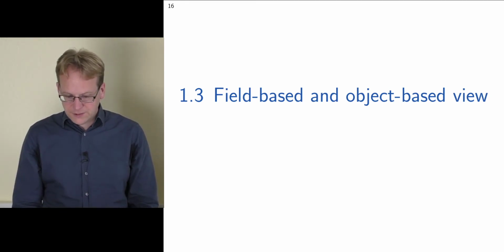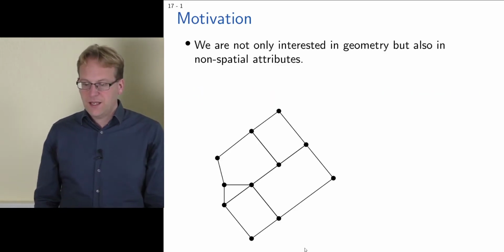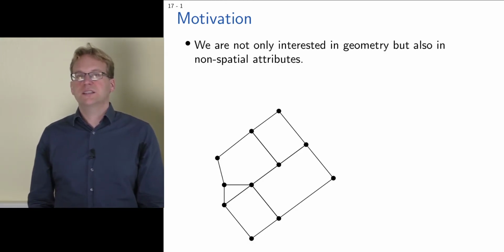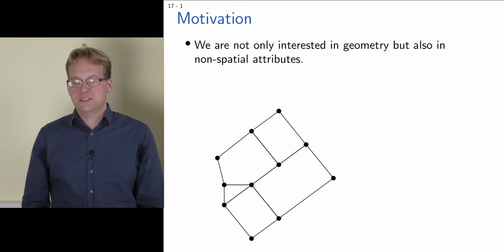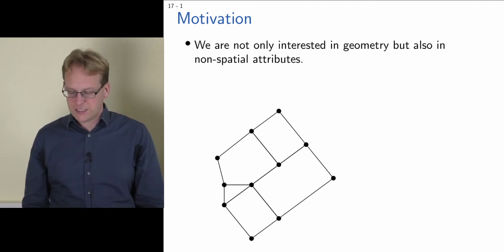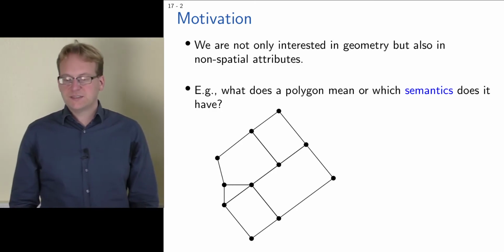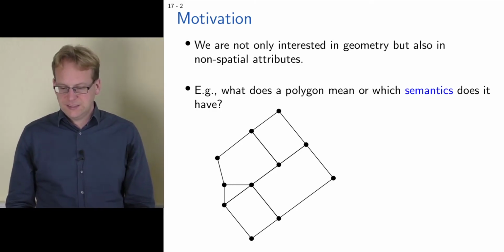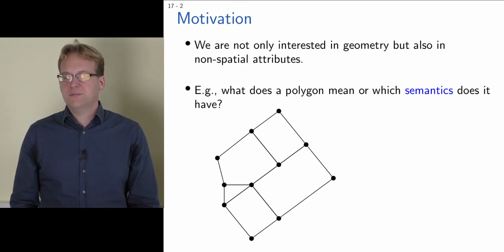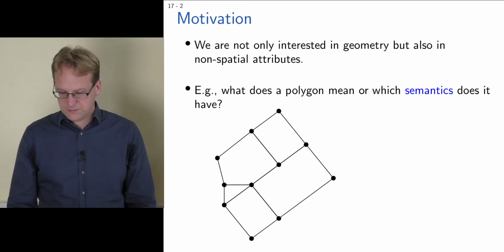And first of all, what I need to say, of course, we are not only interested in the geometry of objects, but also in these non-spatial attributes. For example, what does this polygon or this data set mean? Which semantics does it have?